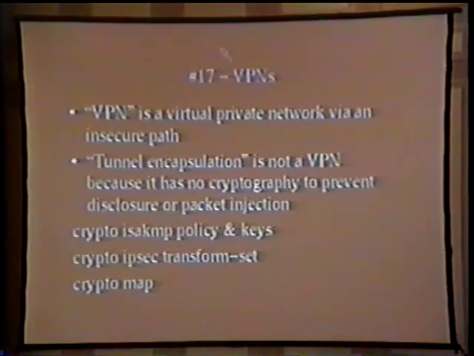So the way you know that you're really configuring a VPN is you will need to configure the key management protocol with the policies, the keys, configuring the algorithm you're going to use in the transform set, also mapping what connections are going to go through that. So if you don't see those commands, you're not configuring a VPN.